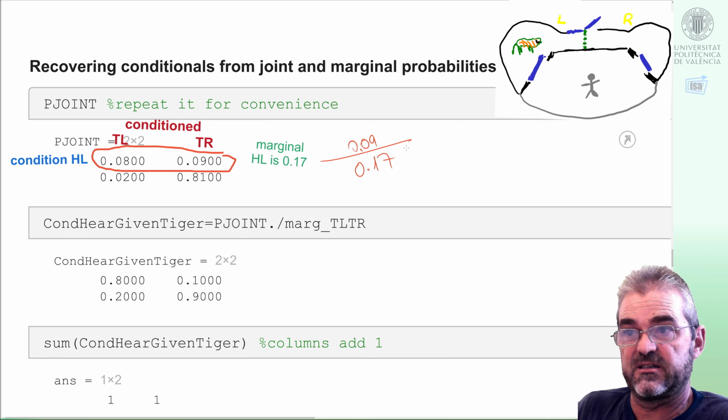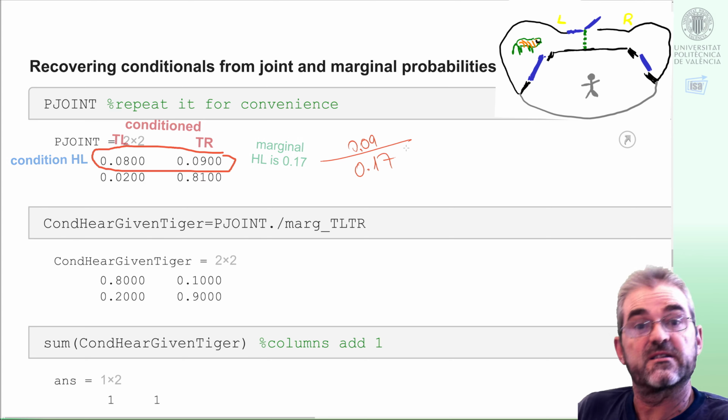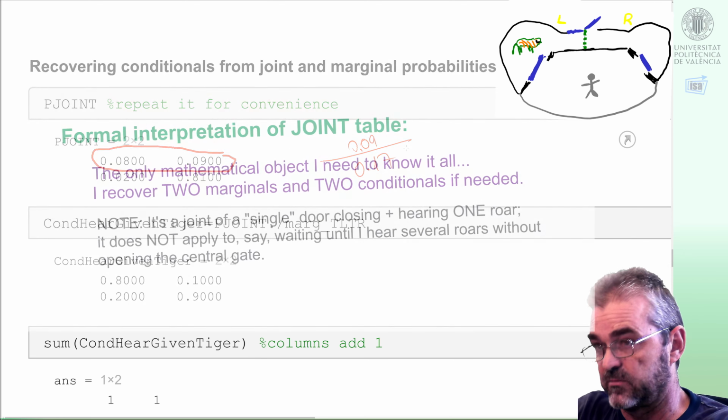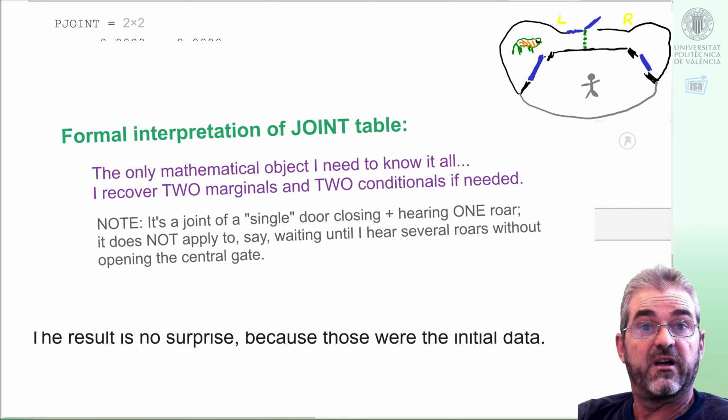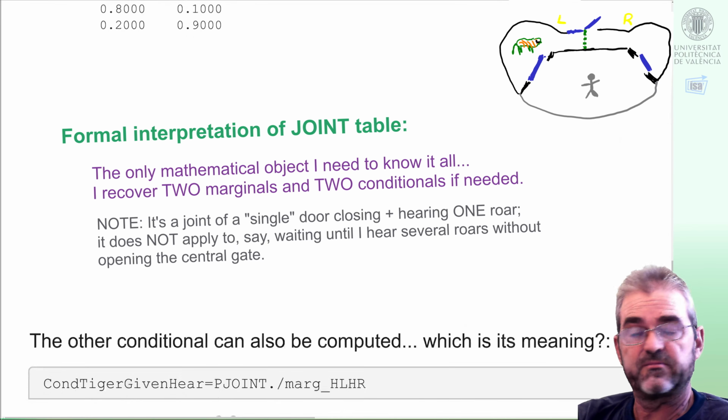But that second case is very infrequent, 8% of total, so 9% wins. Well, this is the second conditional. So this is the formal interpretation from the joint table.